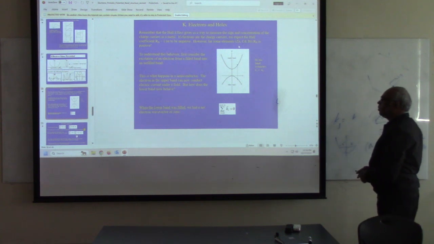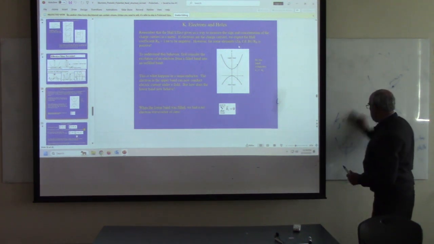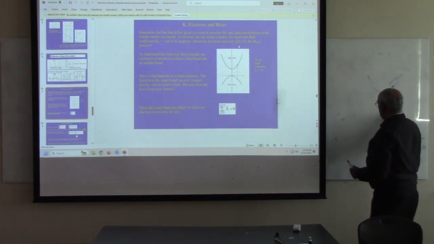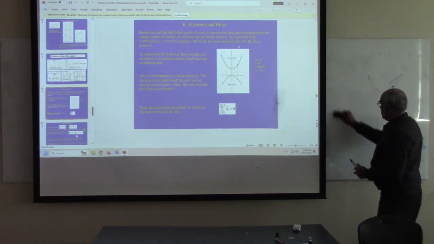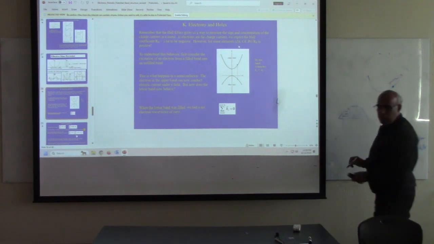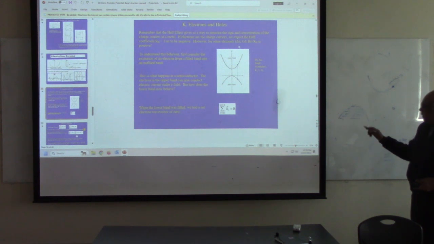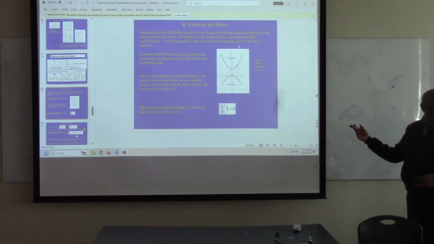Now just think about a filled band. Filled band means you have all the electrons filled in the valence band, so all the states are filled up to here. How many states can you have? Because each state can have 2 electrons, you can have n over 2 states, right?